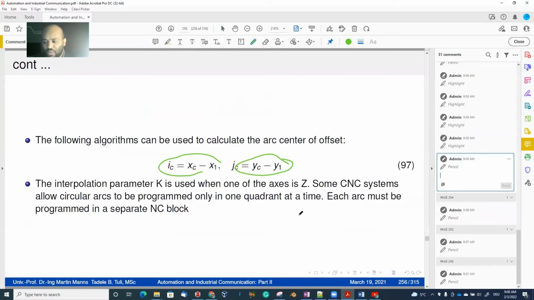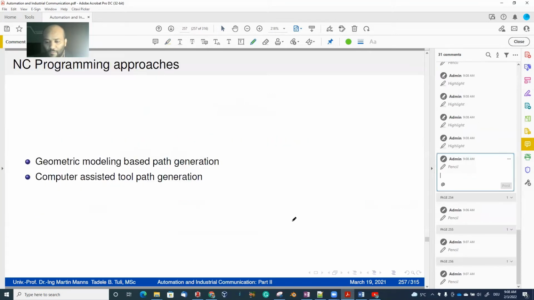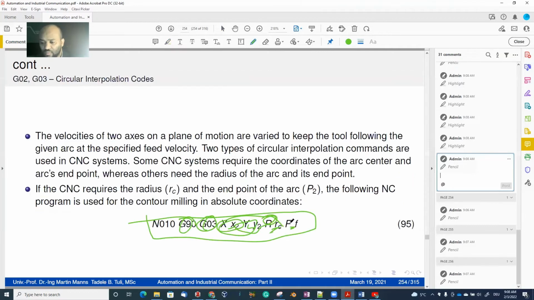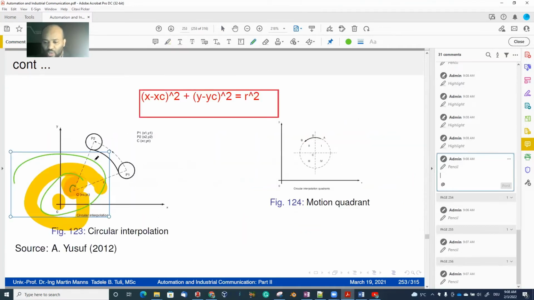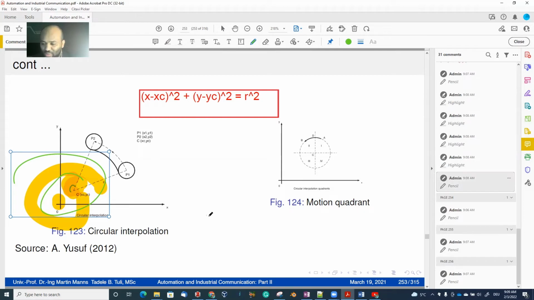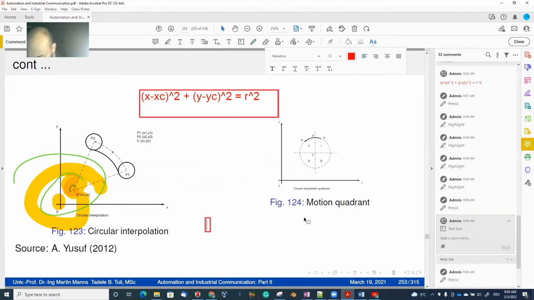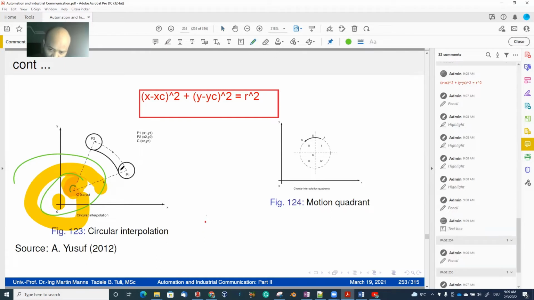Yeah, the other point is how to make this circular equation. It's really not difficult. What you have to do is, for example, we need the x position and the y position for this point.